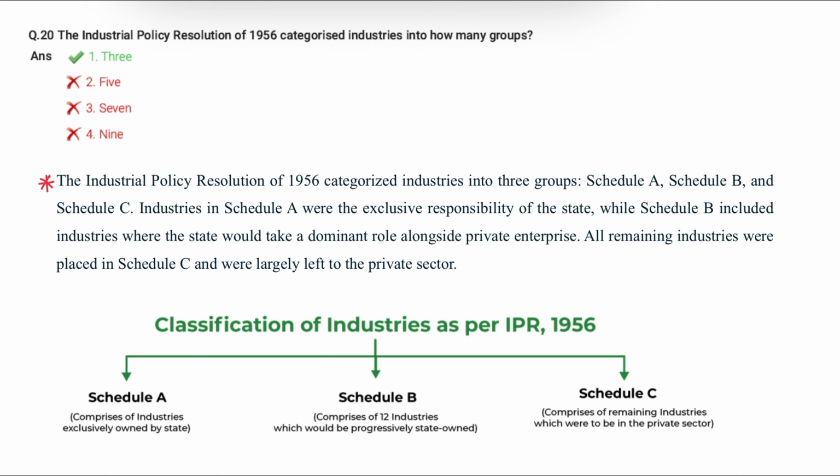Question number 20. The Industrial Policy Resolution of 1956 categorized industries into how many groups?